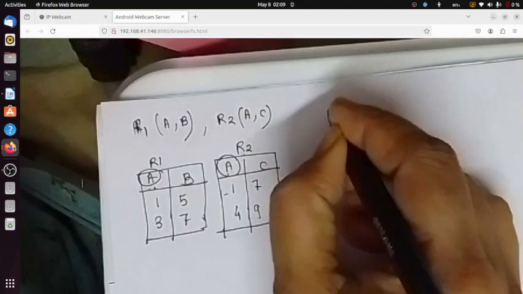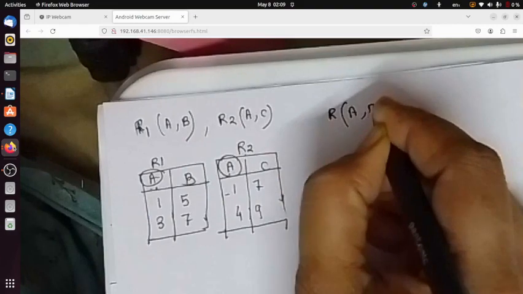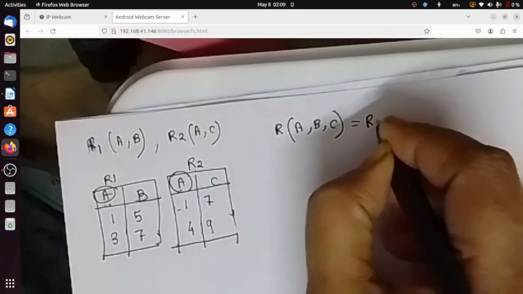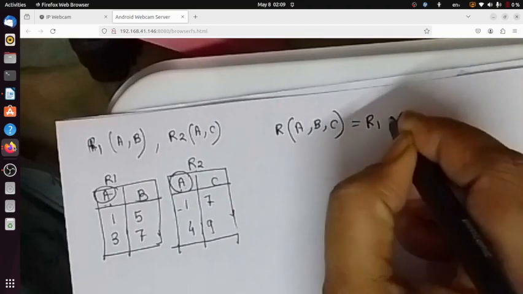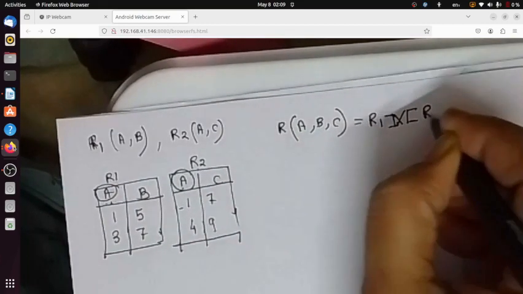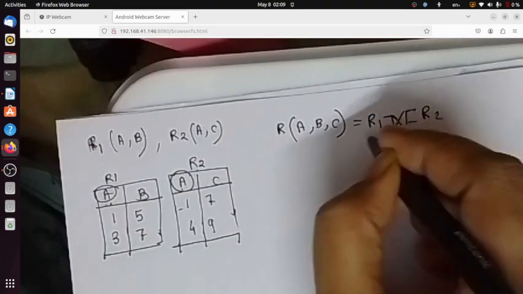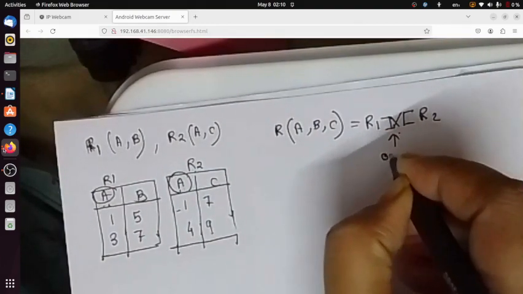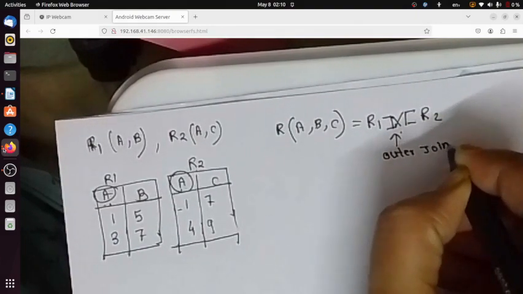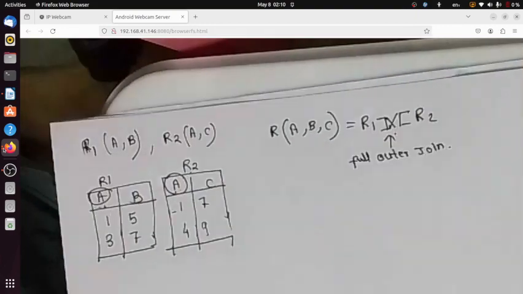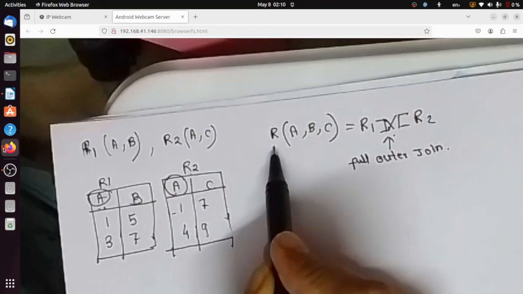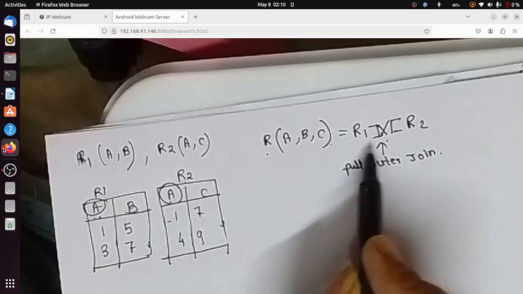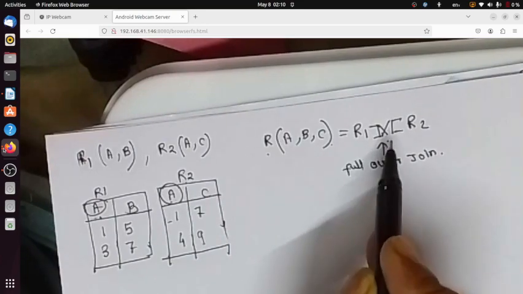We are obtaining relation R by doing the natural outer join operation between R1 and R2.